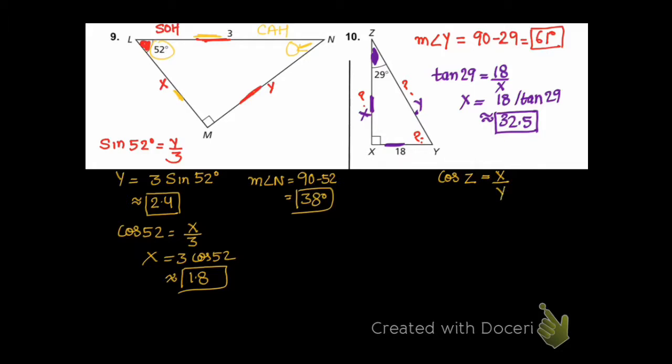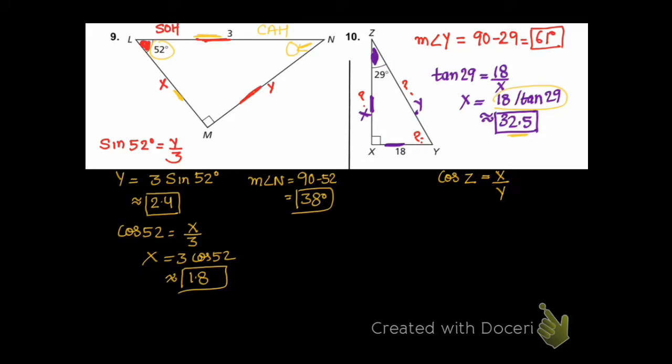But we just got our adjacent value, and that is 18 over tangent 29. We are not going to use the rounded value, we need to use this expression in our value here.